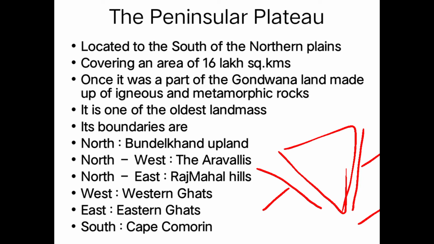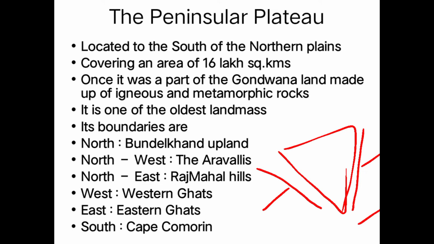Located to the south of the northern plains, covering an area of 16 lakh square kilometers. Once it was a part of Gondwana land, made up of igneous and metamorphic rocks, which came out of the volcanic eruption. After cooling down, these rocks were formed. It is one of the oldest land masses.